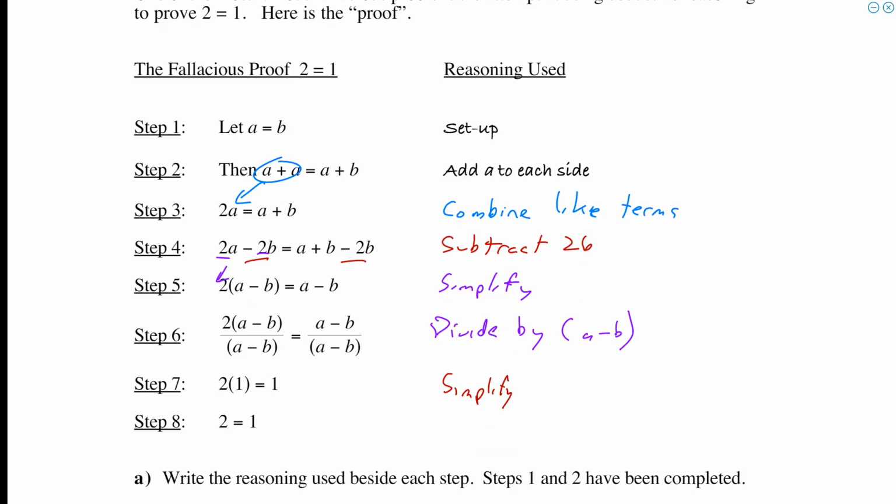So I've realized that when I divide 2 times A minus B by A minus B, it's equal to A minus B divided by A minus B. Well, A minus B divided by A minus B is equal to 1. And 2 of A minus B divided by A minus B is equal to 2. So I've just proven, beyond the shadow of a doubt, that in all cases, 2 is equal to 1. Right? That's what I just proved.